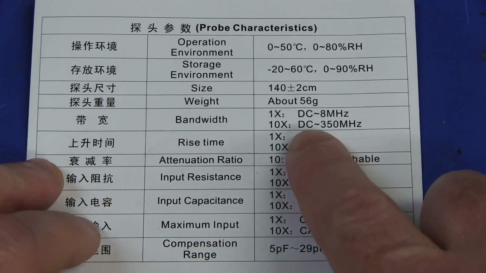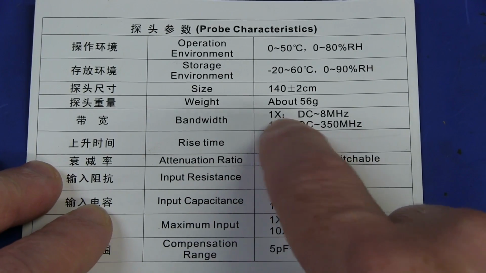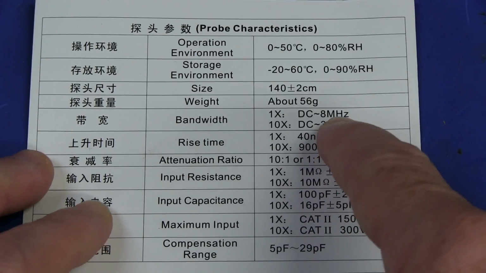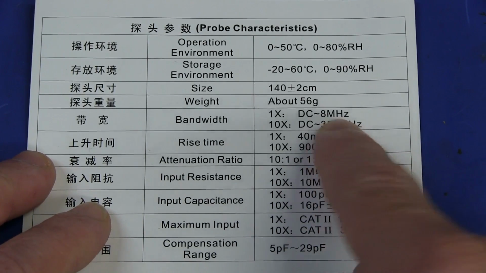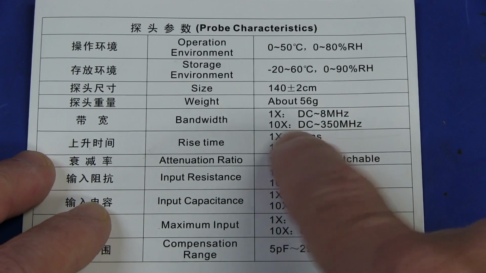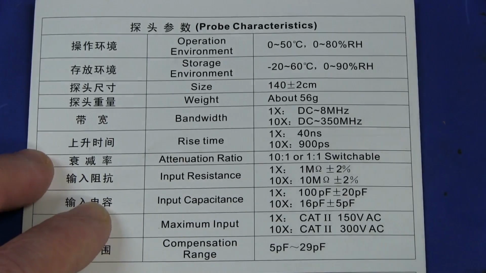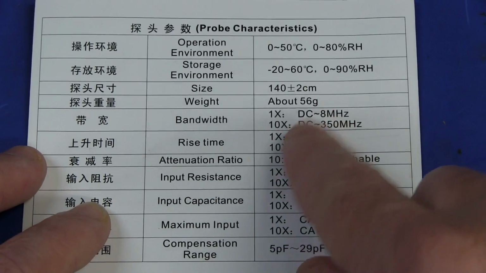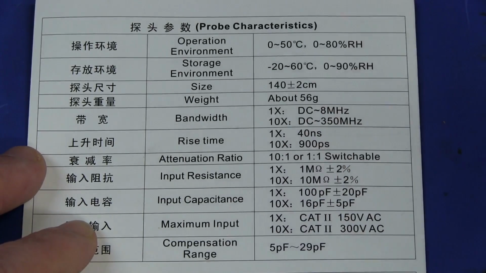Now, let's take a look at the specs, shall we? Look at this. Bandwidth ×1, DC to 8 megahertz. 8 megahertz, are you kidding me? It's useless. Anyway, ×10, look, DC to 350 megahertz. So they sell these as 350 megahertz rated probes, but you switch it to ×1 and you've got this crap 8 megahertz probe.